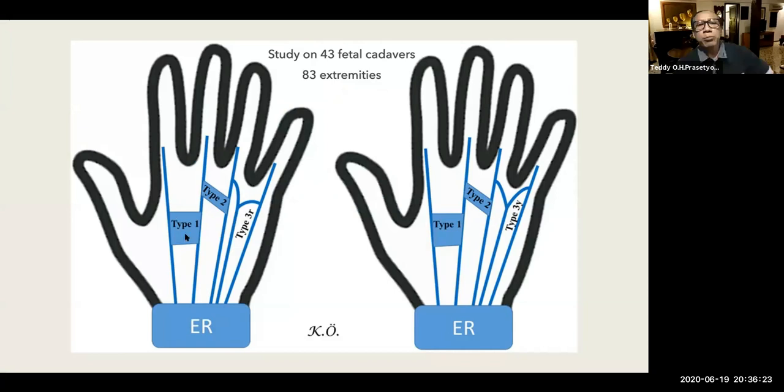Now you see, basically the juncturae tendinum comes as type 1 and type 2 here, but the variations come at the ulnar part here. The juncturae tendinum may come as type R. It forms like the letter R, and this one comes as the letter Y. That's quite unique to know in this system.